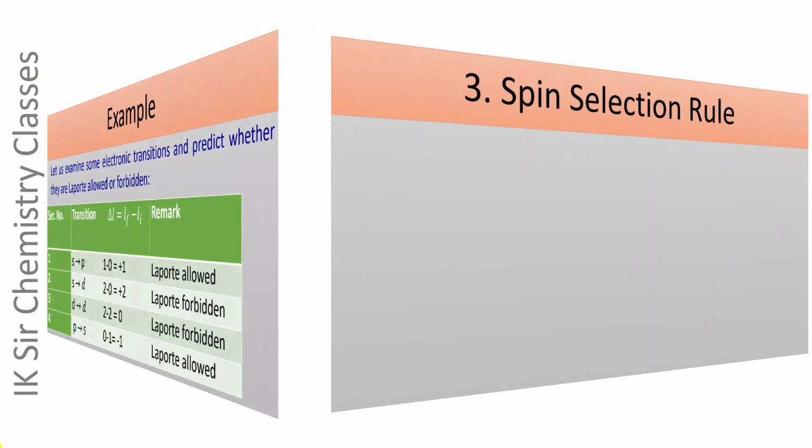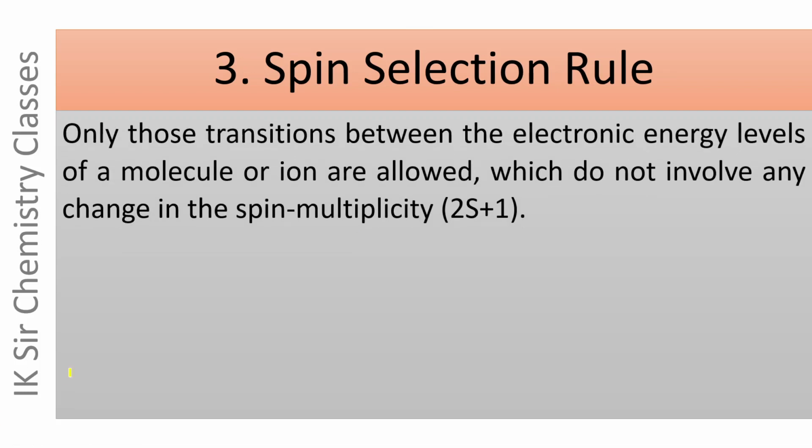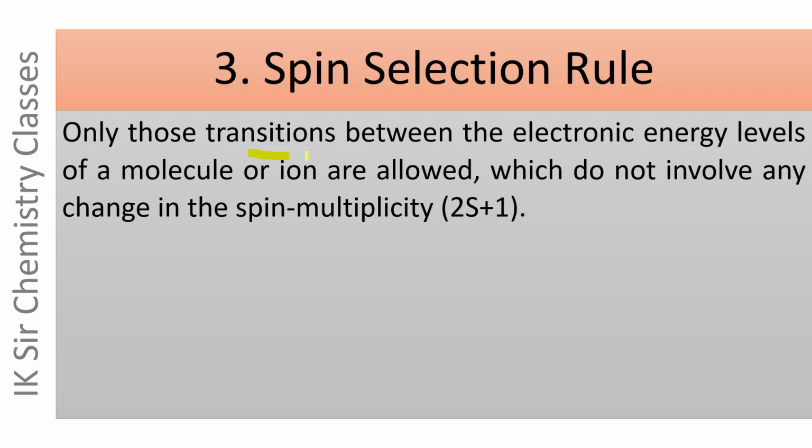And now finally, we see the spin selection rule. Only those electronic transitions between the electronic energy levels of a molecule or ion are allowed which don't involve any change in spin multiplicity.